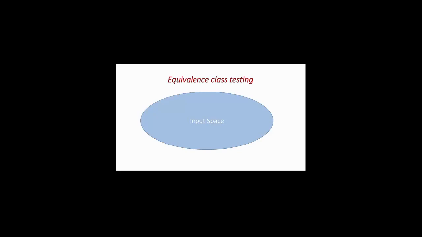So if we think of all of the possible things that we can input as our input space, equivalence class testing is a method of dividing that into a set of equivalence classes. In this particular example, you can see I've identified 4 different equivalence classes. The idea here is to break up the input space into several smaller subsets that we call equivalence classes and use those to guide our testing.